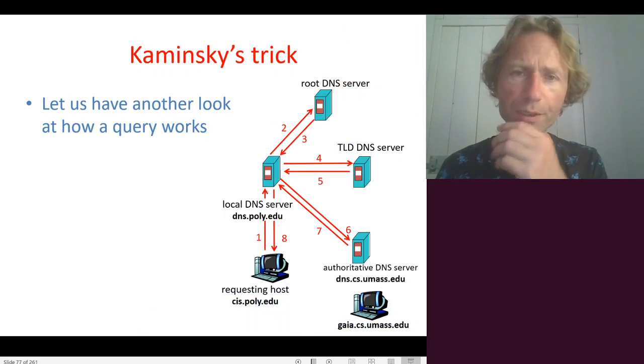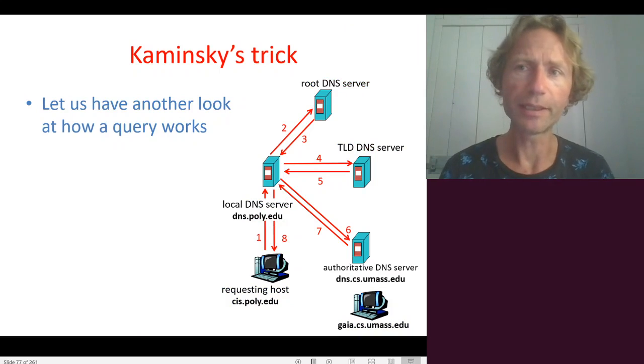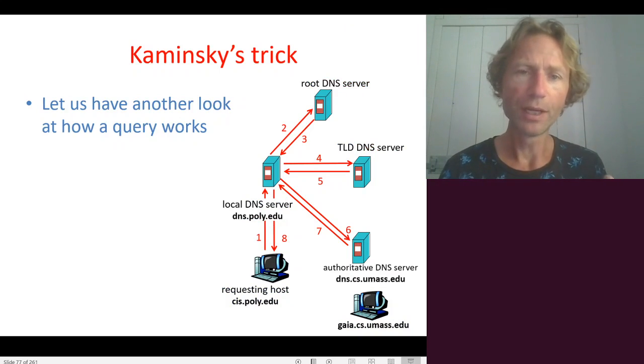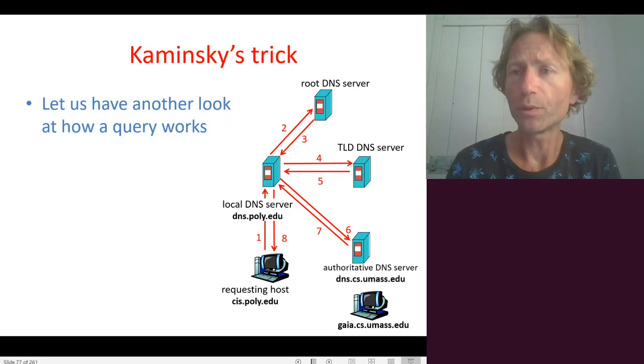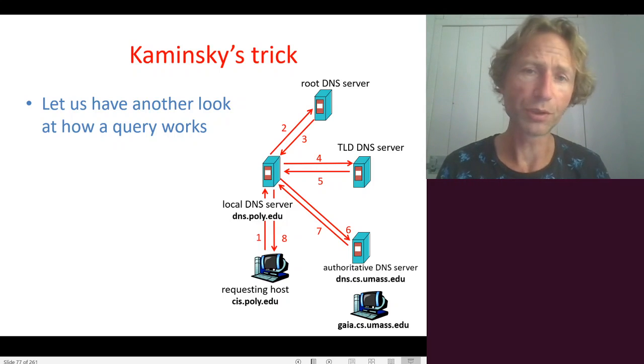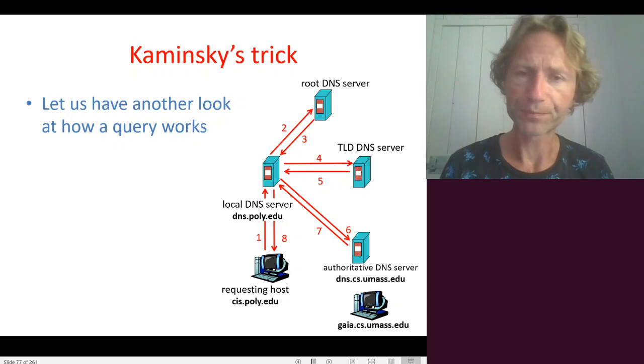And to see how that works, we'll have another look at the DNS queries. What we've said so far is that most DNS queries, even if you try to do a recursive query, get demoted to an iterated query.